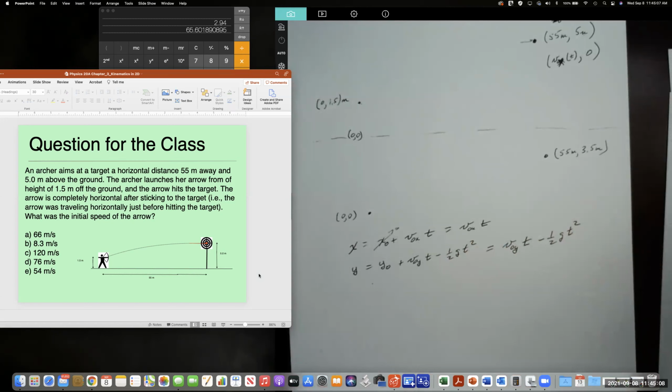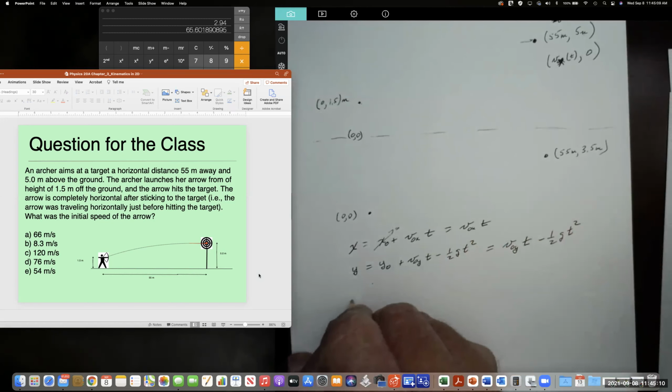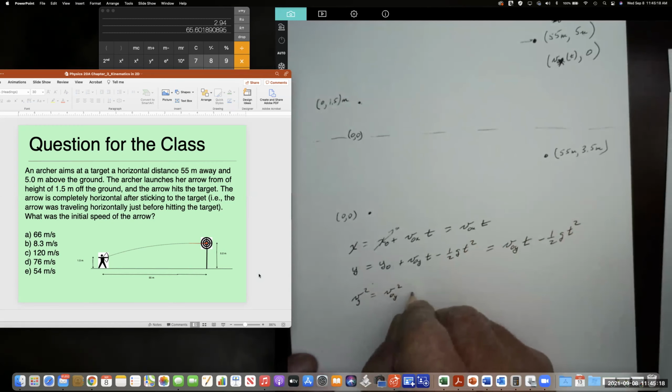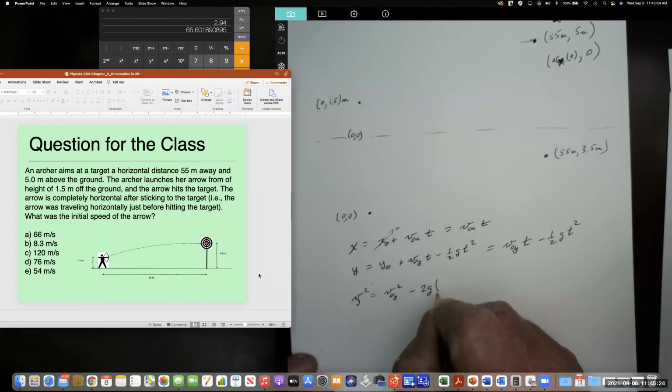But I can also write v squared is equal to v0y squared, v sub y squared, minus 2g times y final minus y initial, or y minus y0.